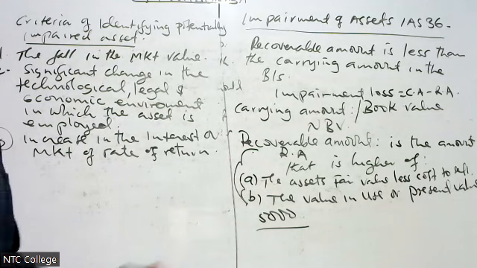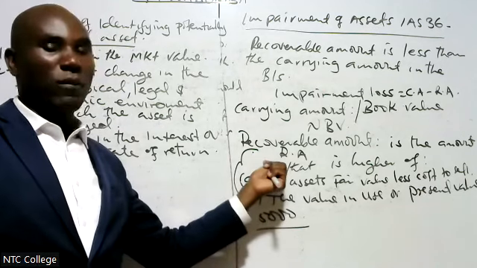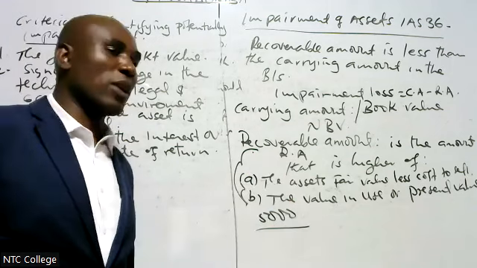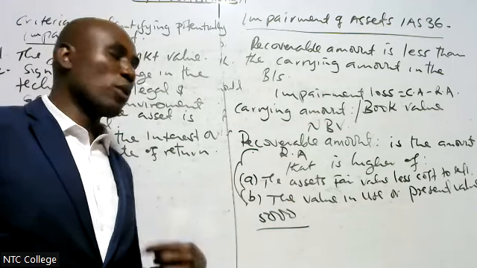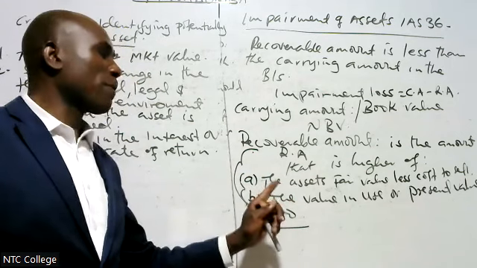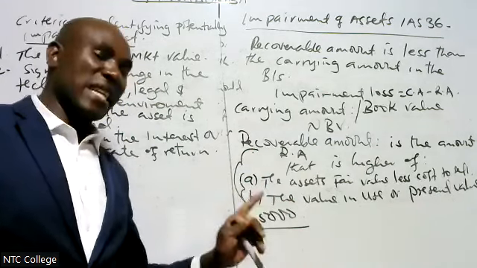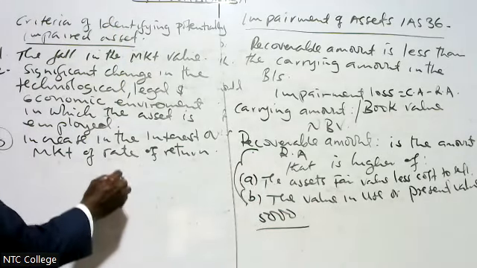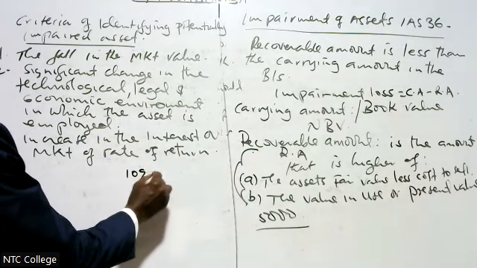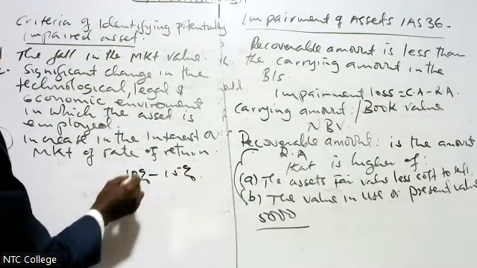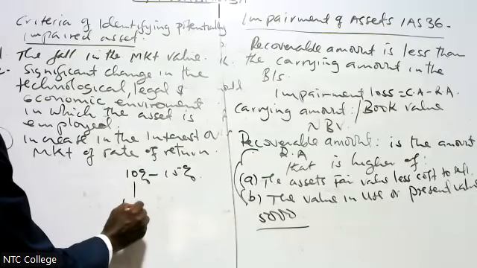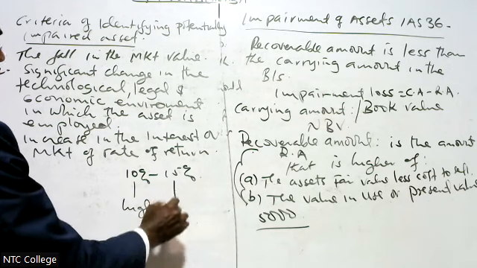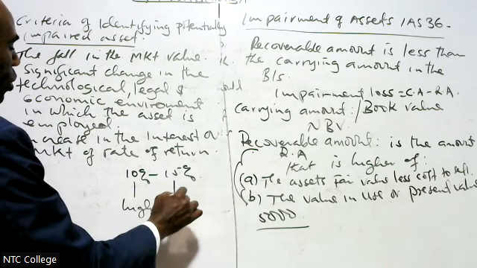Remember, I said for us to get the recoverable amount of an asset, listen very carefully, you are going to discount the cash flows to get what we call the present value. For me to discount the cash flows, I'm going to use the interest rate. Therefore, if the interest rate goes up, for example from 10% to 15%, then at 10% we have a high present value, and when it goes to 15%, the present value goes down.